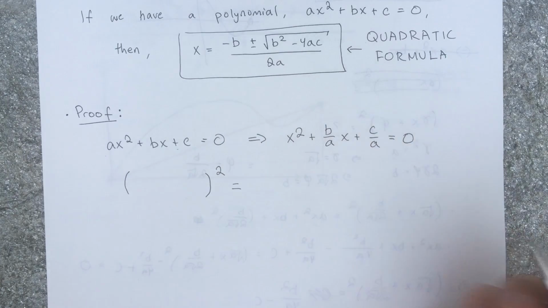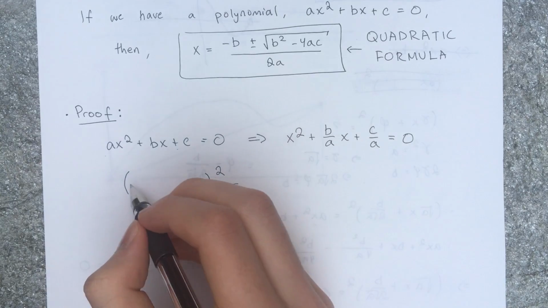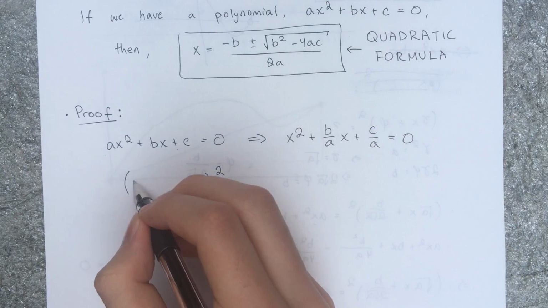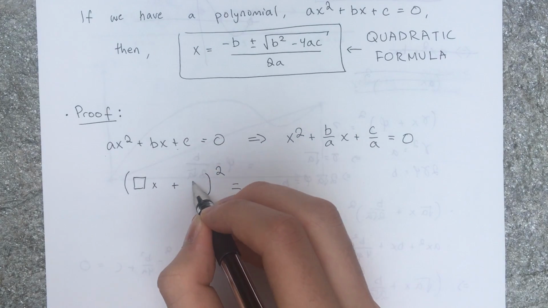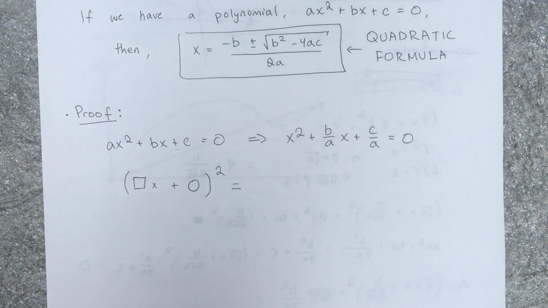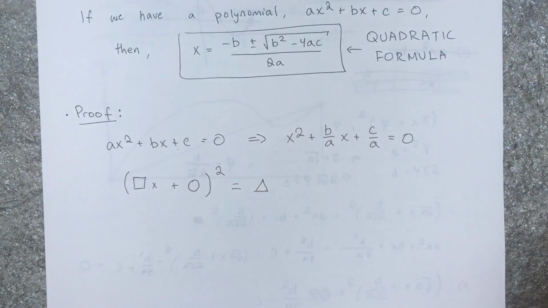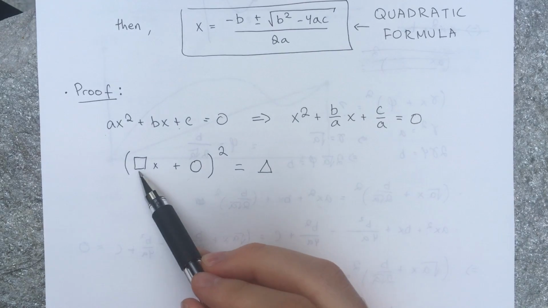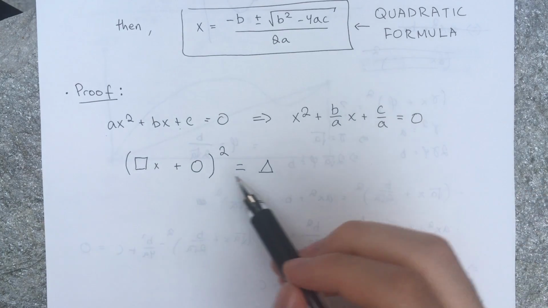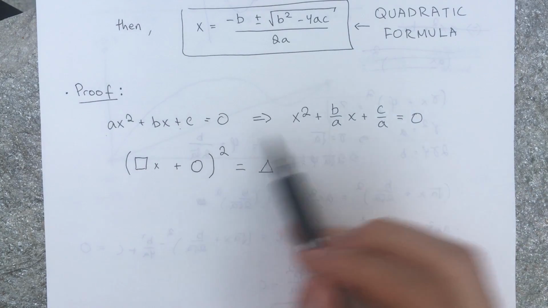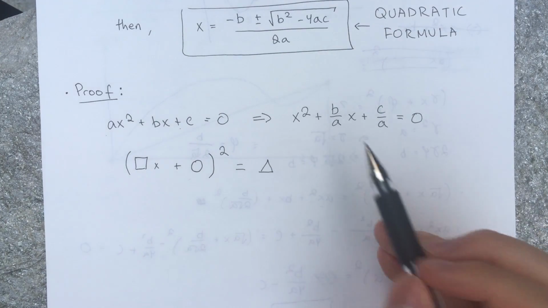So to figure out what we need in these parentheses, I'm just going to put in some empty variables. I'm going to just do square x plus circle. Oh, it looks like a 0, but that's a circle. Equals triangle. So now that we have square x plus circle squared equals triangle, we're going to need to match these dummy variables up so we can get it into something that's actually equivalent to what we had before.